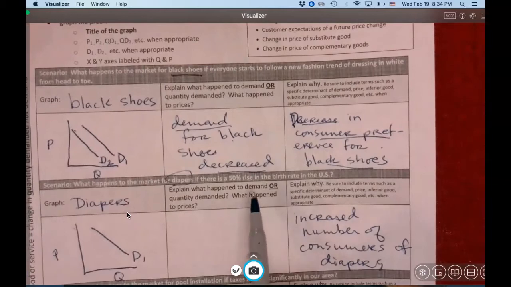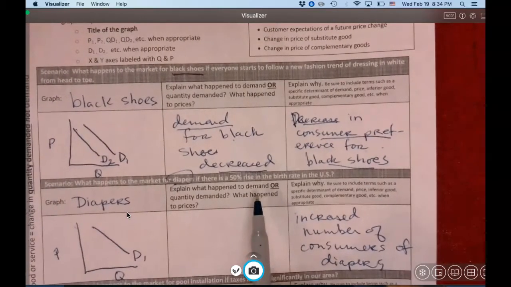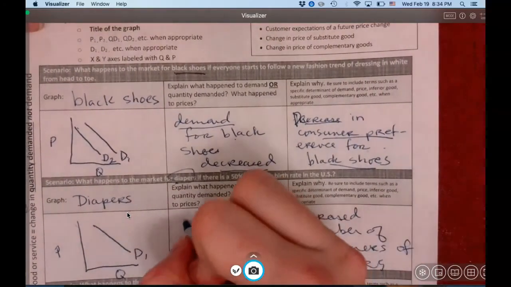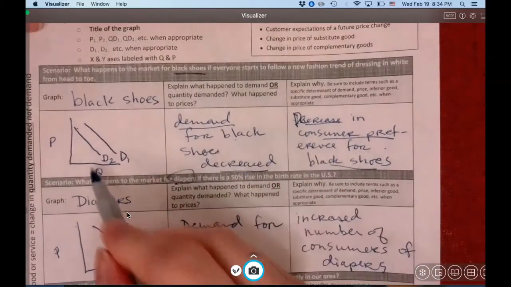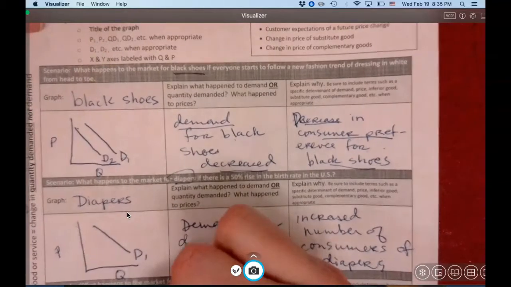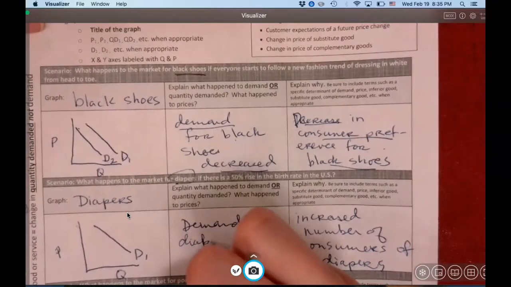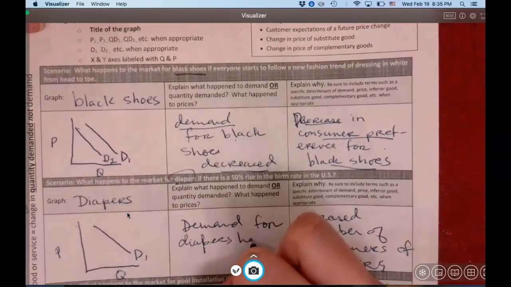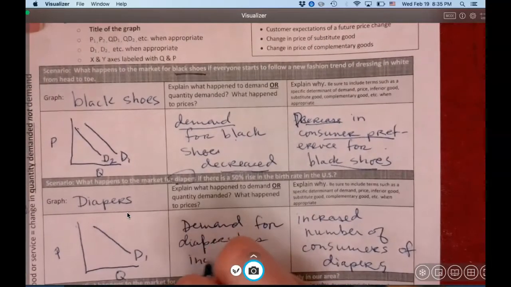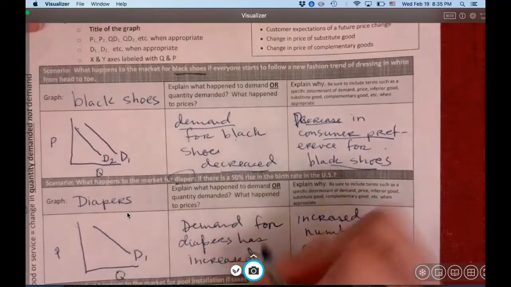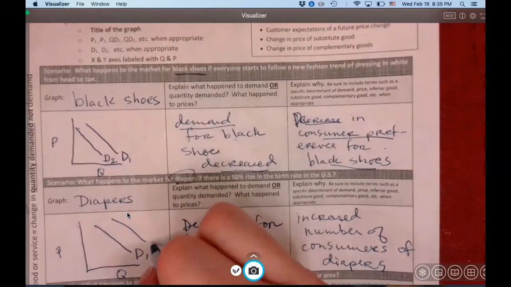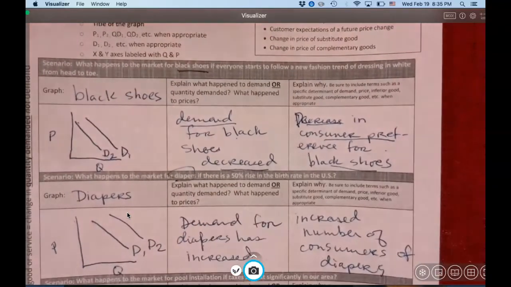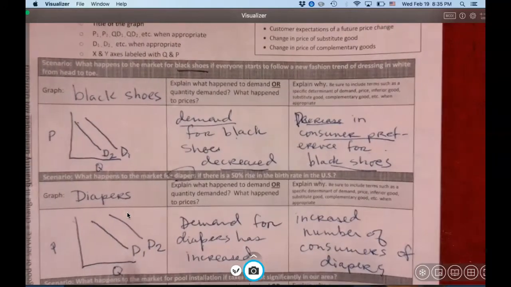Has it increased or decreased? Demand for diapers has increased. So that means we're going to put the demand curve to the right of the first demand curve.